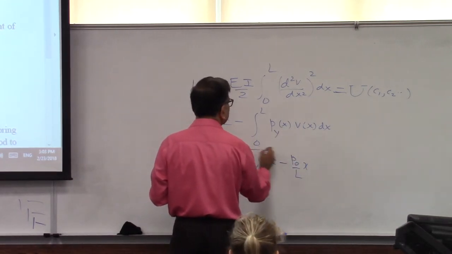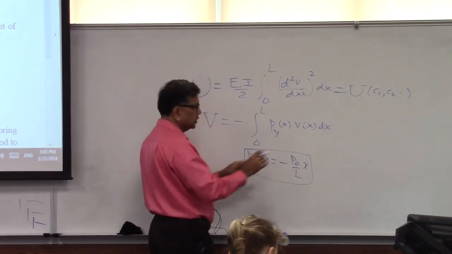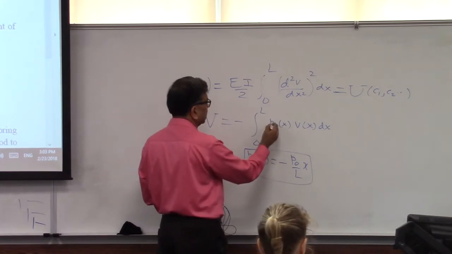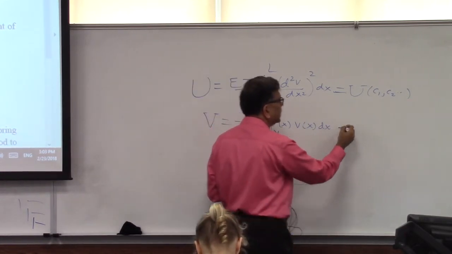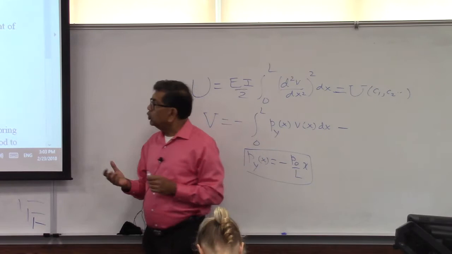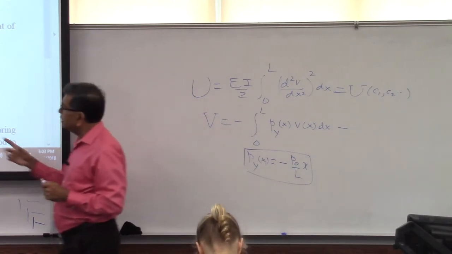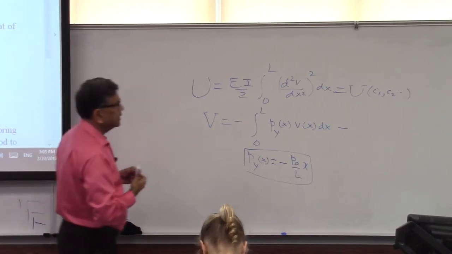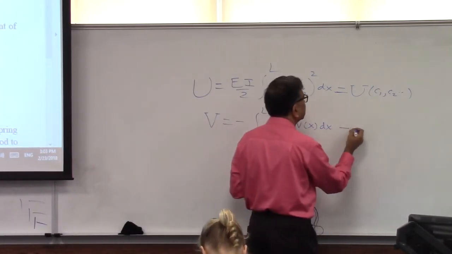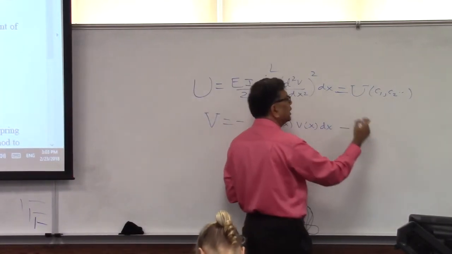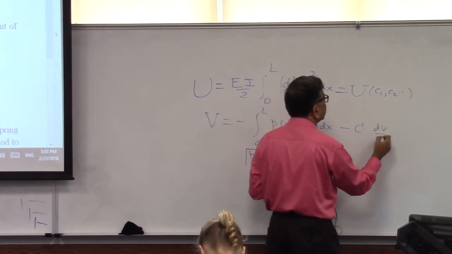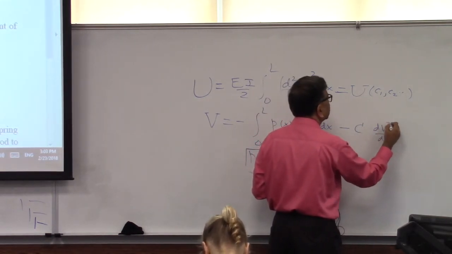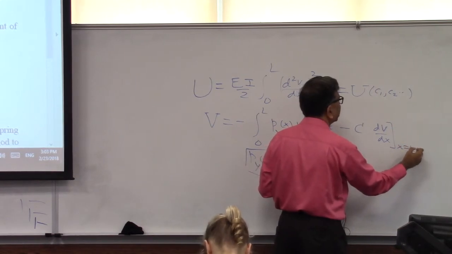So this is the way the pressure varies, with a negative sign here. Then there is a couple there. Couples do work with the rotation. So this couple is a positive couple, so the negative sign stays in the formula, negative C times the amount of rotation, which is dv by dx evaluated at x equal to L.